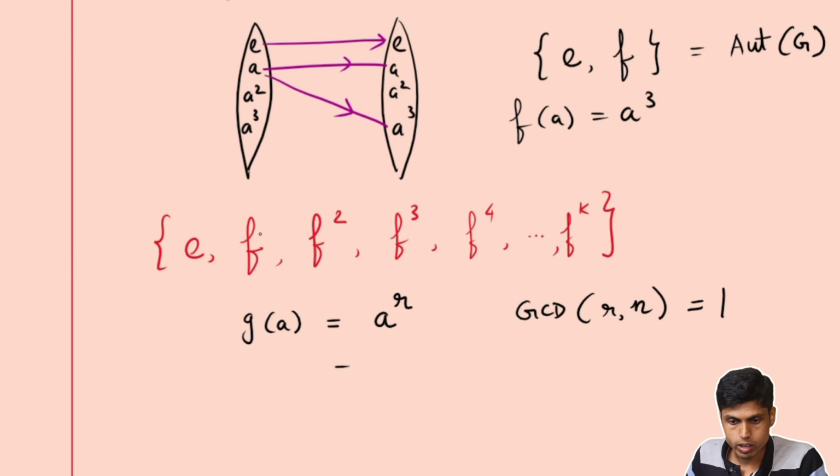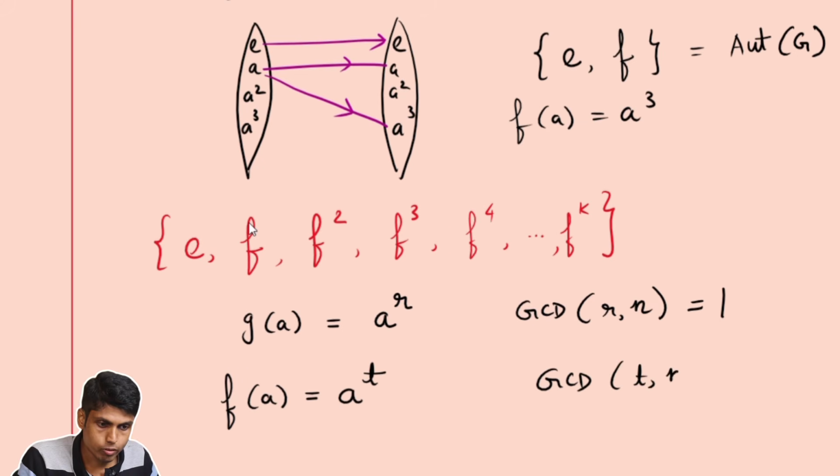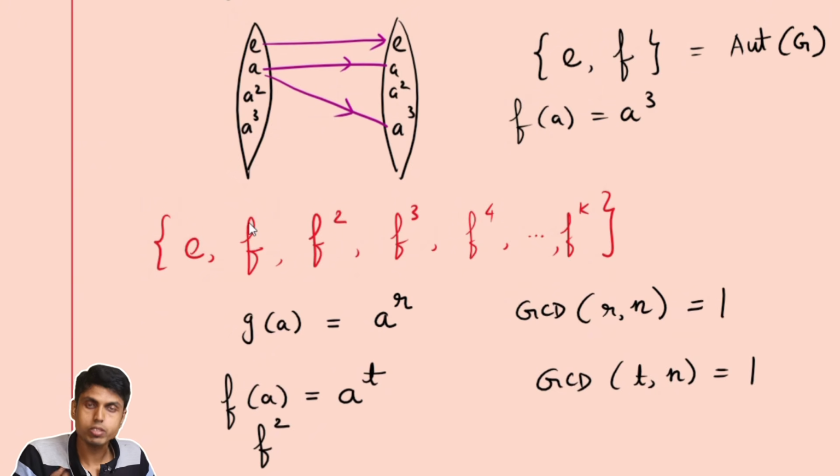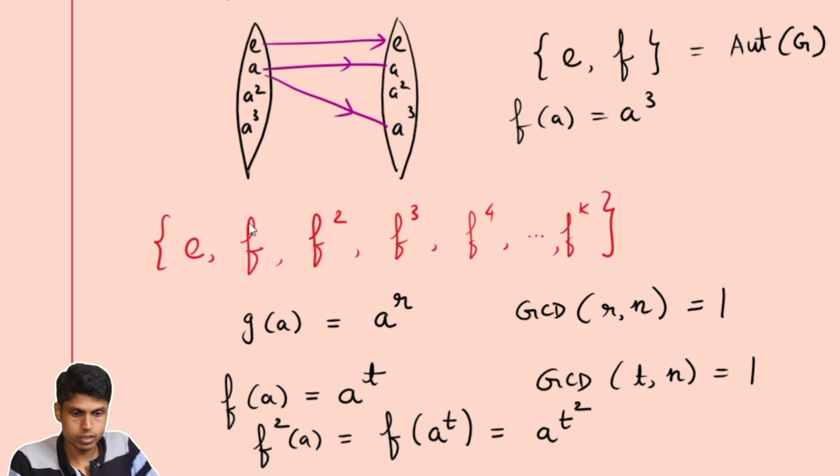So if I assume f of a equal a power t with some GCD of t comma n equal 1, then think about the function f squared of a. This means f of a power t, which will be a power t square.